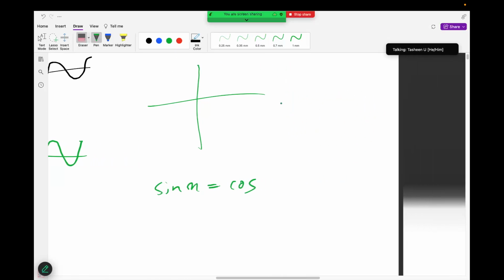Let's say this is a triangle. We know that the side that is opposite to 90 degrees is called the hypotenuse. You know that? Hypotenuse.